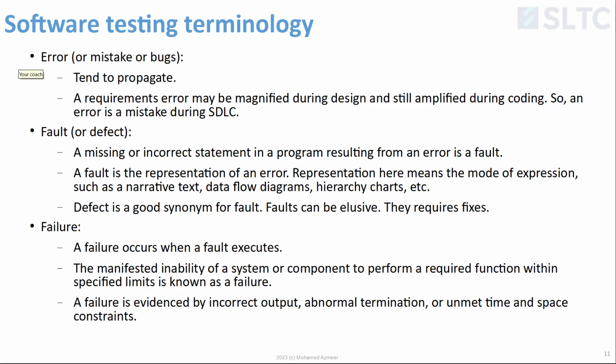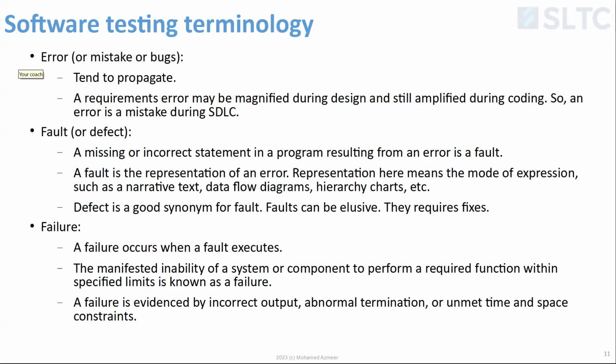Failure occurs when a fault executes. You see how it is getting connected now? A failure occurs when a fault executes. So wrong code is getting executed and then it fails. There's a failure now, right? The manifested inability of a system or component to perform a required function within specified limits is known as a failure. How do you know it failed?